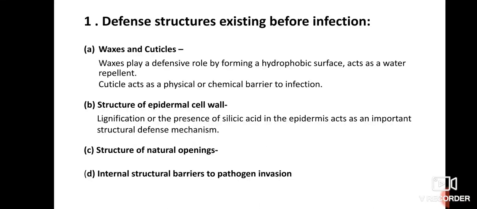Third one is structure of natural openings. As we know, most pathogens enter plants through the natural openings. In the case of stem rust of wheat caused by Puccinia graminis tritici, the varieties in which stomata open late in the morning are resistant because the germ tube of the spores germinating in the night desiccate.